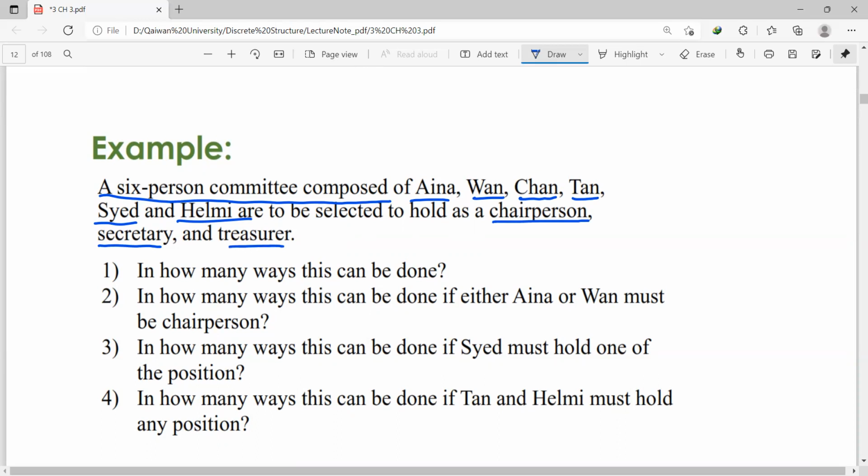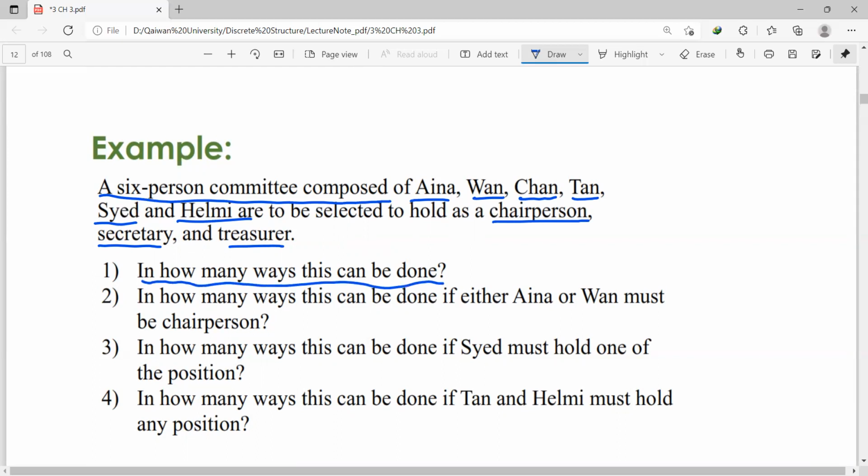Here we have three positions, and also we have 6 people. 3 of them are going to take these 3 positions. It says, in how many ways this can be done?